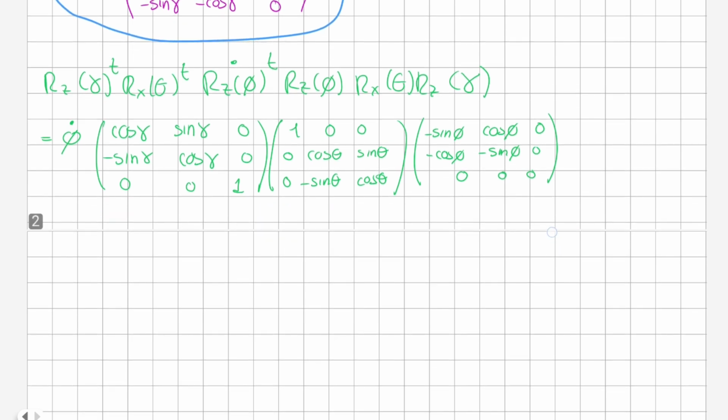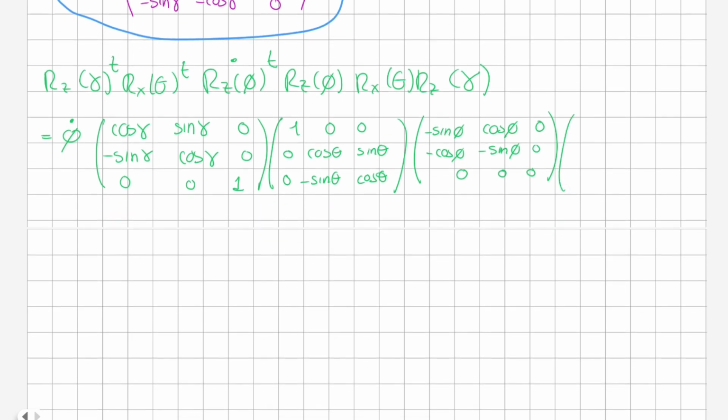Perfect. And then these multiply Rz(phi), which is cosine phi, minus sine phi, 0, sine phi, cosine phi, 0, 0, 0, 1.